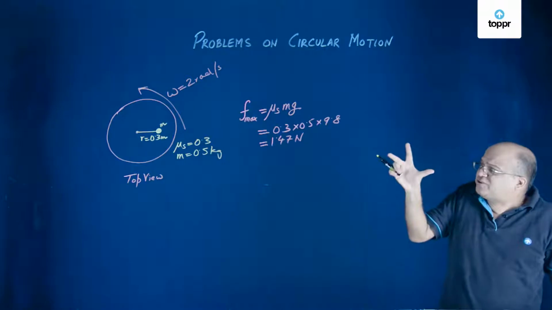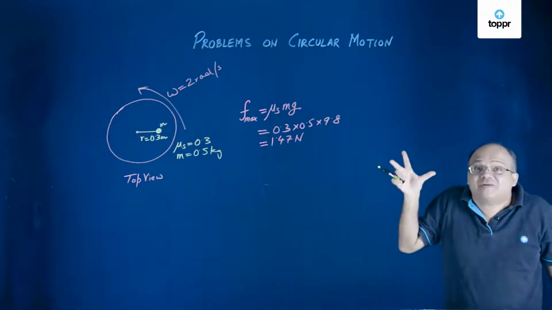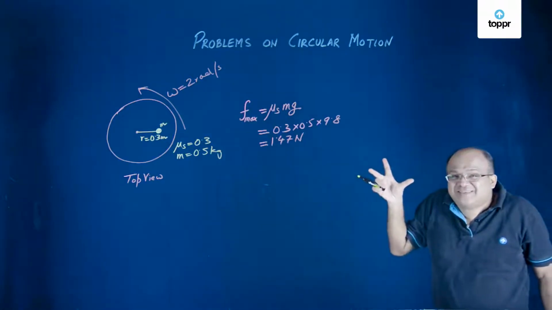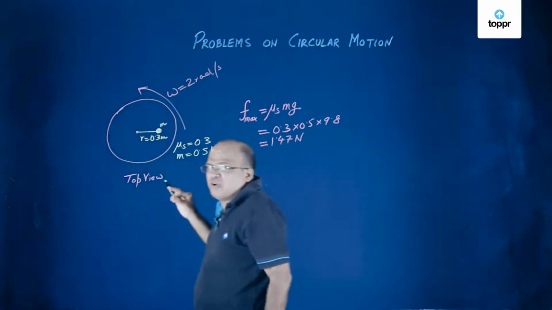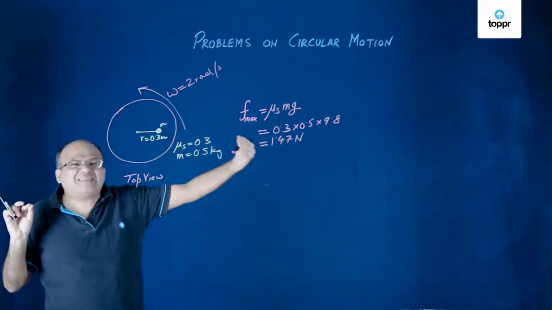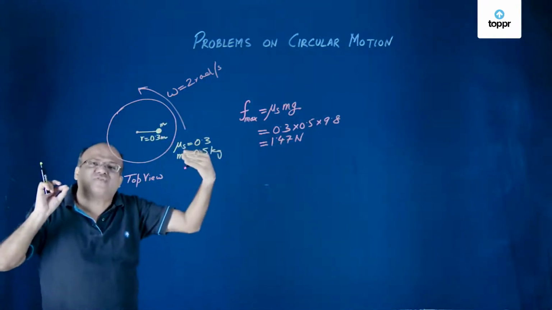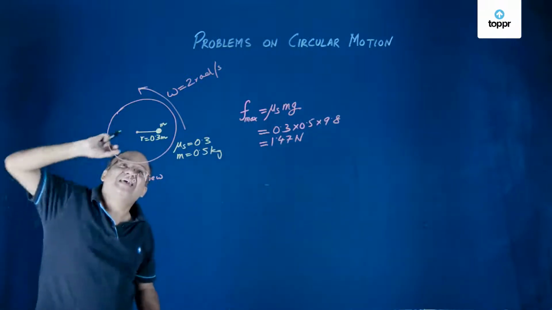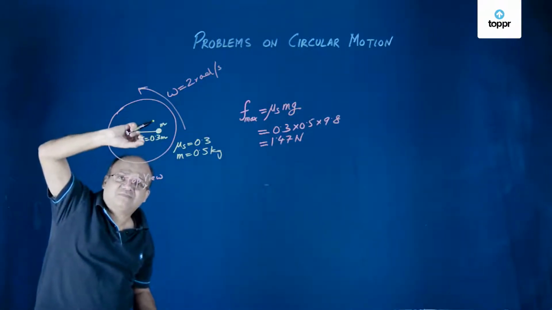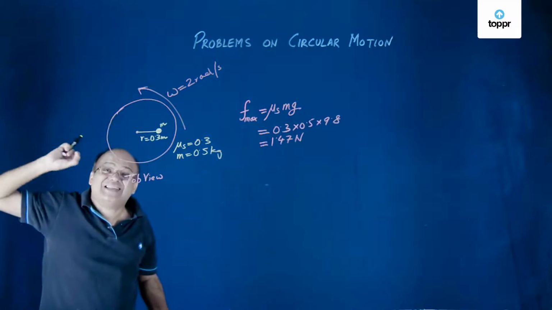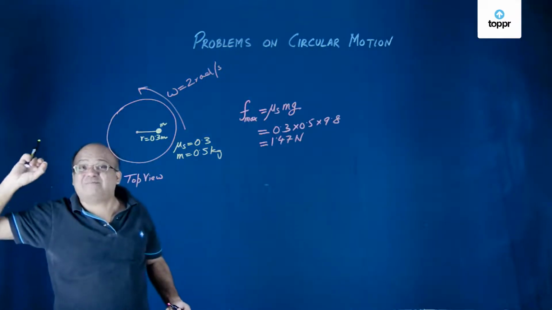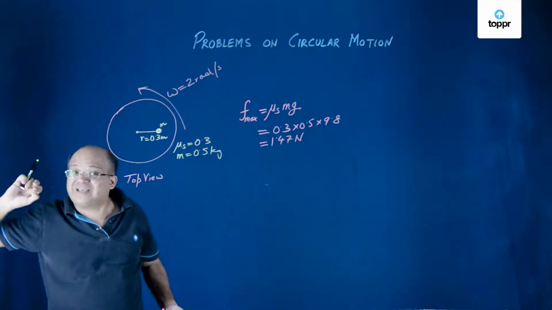But this much friction may not come into play, right? Whatever friction is required to provide the necessary centripetal force will come into play. Here the job of the friction is to provide the necessary centripetal force, right?